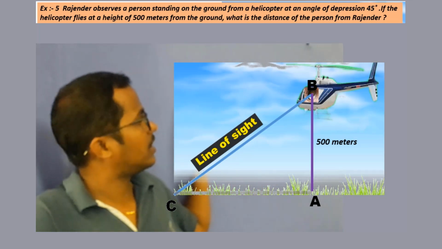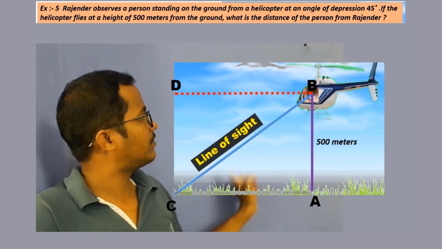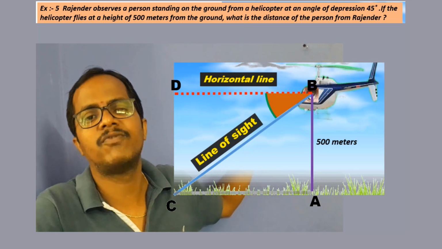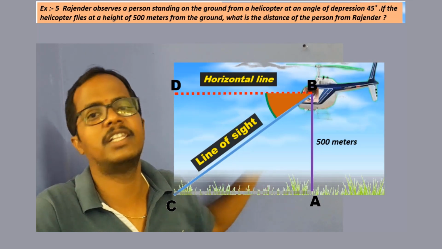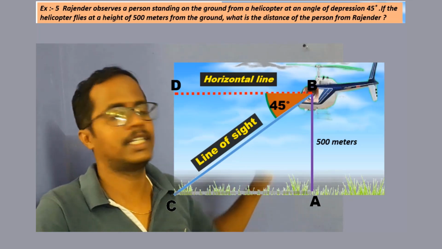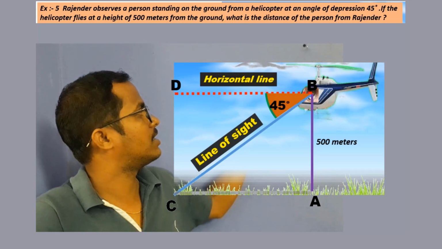So draw the horizontal line, that is BD. Now here between the horizontal line and line of sight an angle is made. This angle is known as angle of depression, which is 45 degrees as given in this problem. So let us write the angle of depression 45 degrees here.